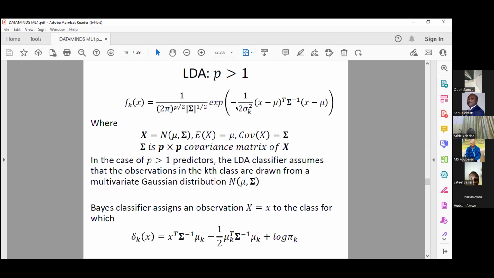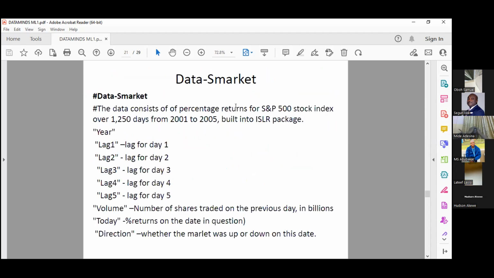So to leave all the statistics or mathematics, let's go to the practical aspects. To practicalize what I've been saying, we are going to be using a data set called S market, the stock market.